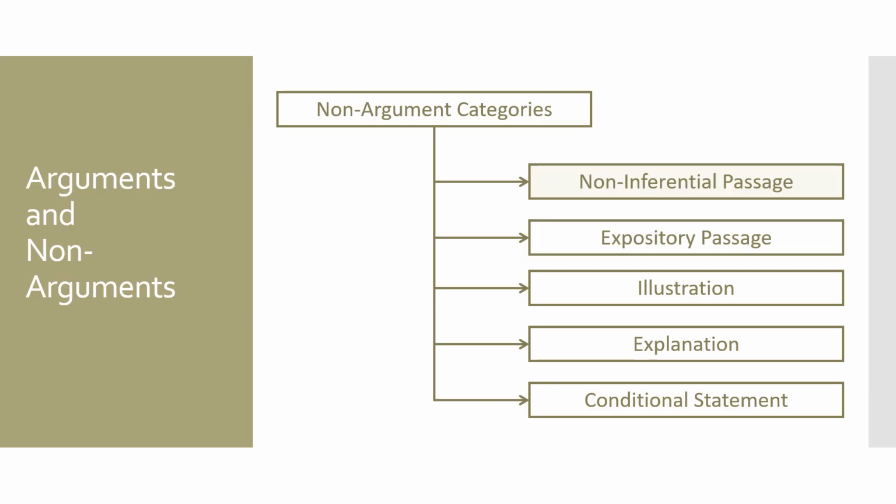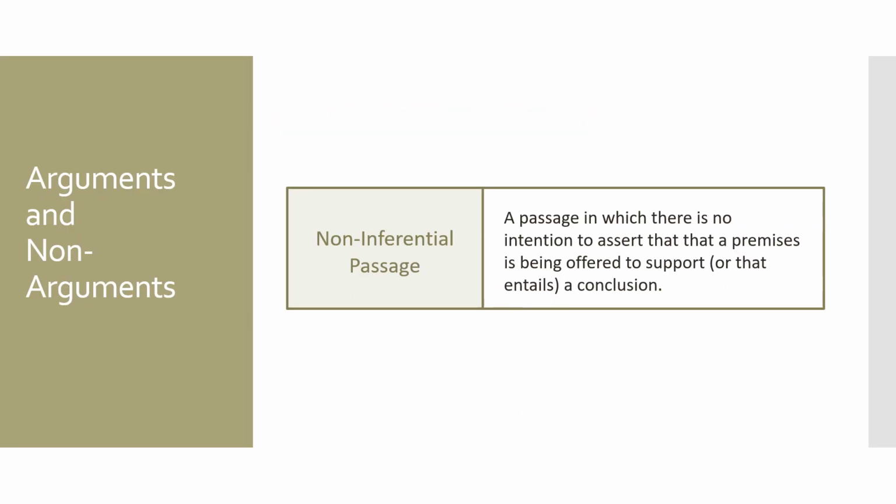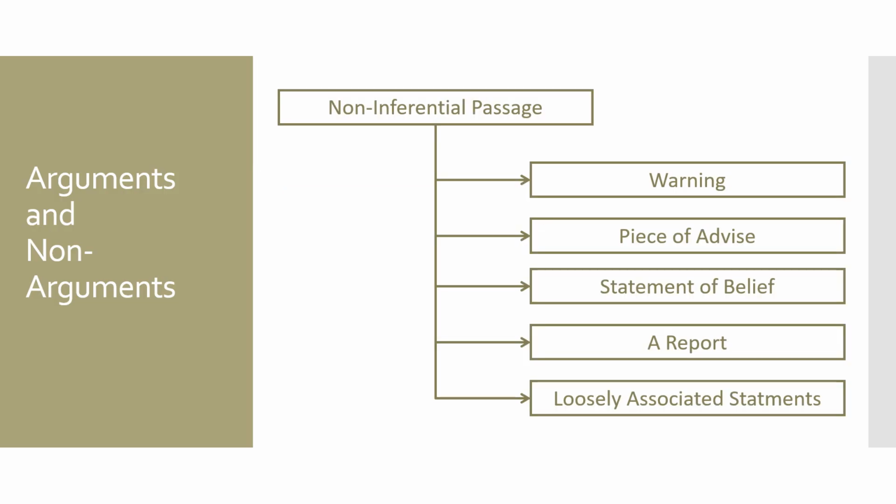So let's start with a non-inferential passage. A non-inferential passage is a passage in which there is no intention to assert that a premise is being offered to support some particular conclusion. So it turns out there's a whole host of subcategories of non-inferential passages: a warning, piece of advice, a statement of belief, a report, or what are called loosely associated statements.